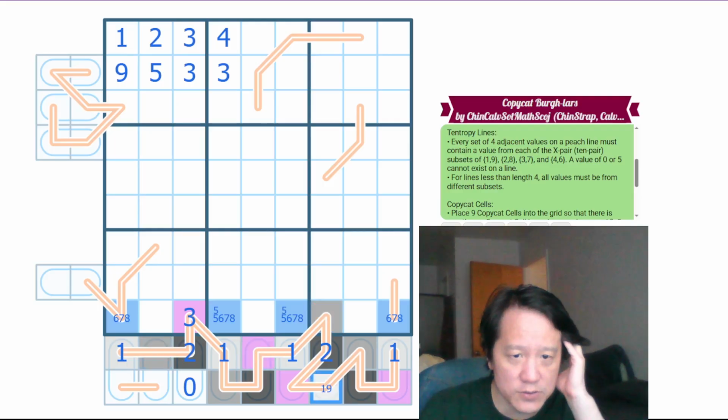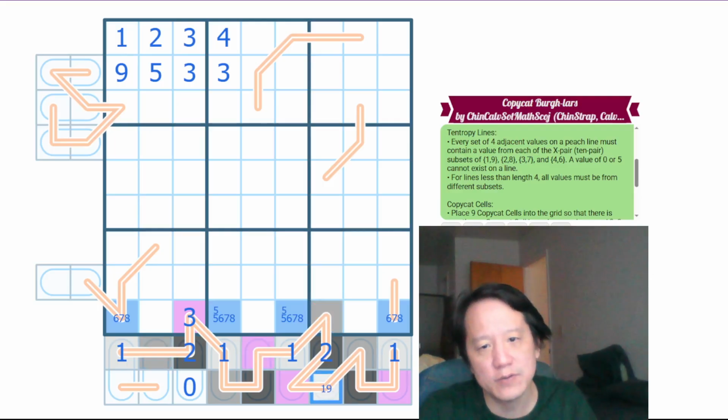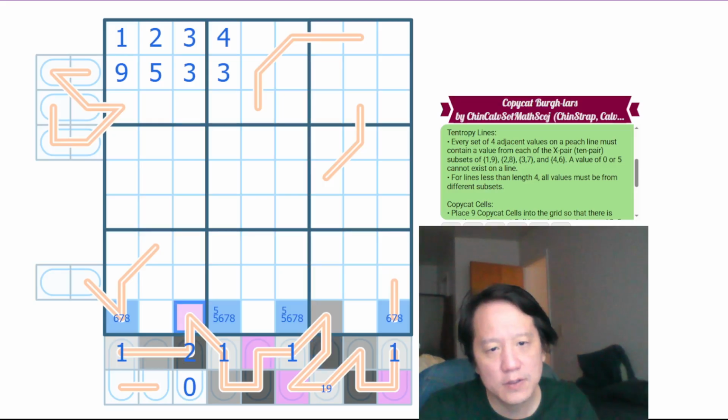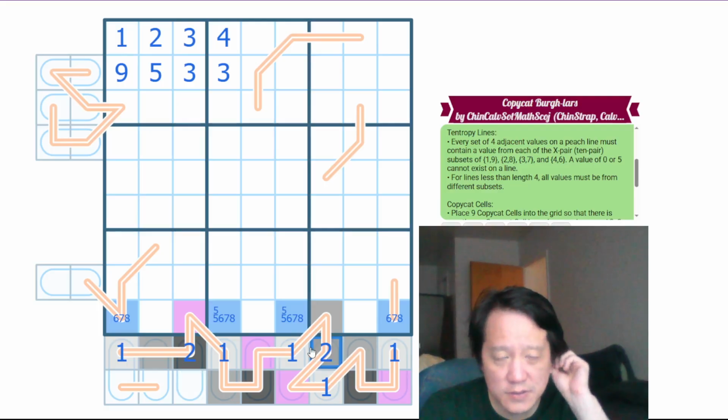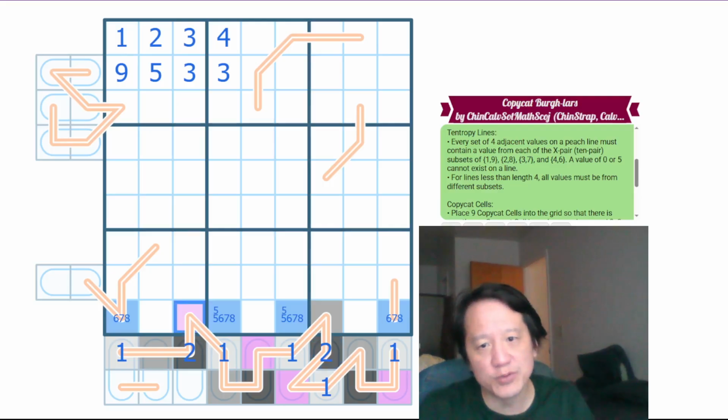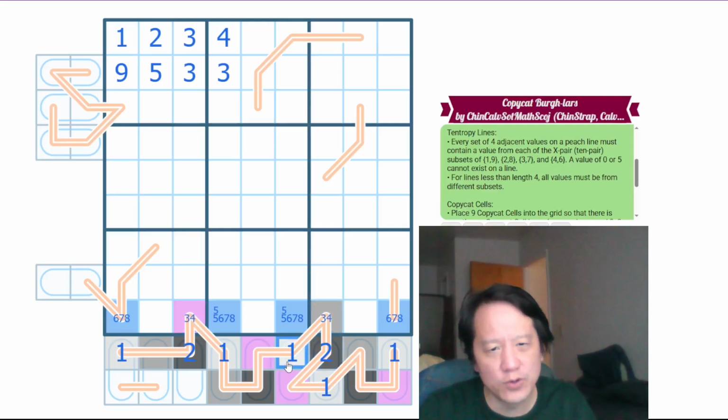Unfortunately, this has to be 21 though. This is definitely 21, but we don't know what this is. This could be 3 or 4. 3 or 4, 3 or 4. Oh, we're going to have to keep the coloring then.